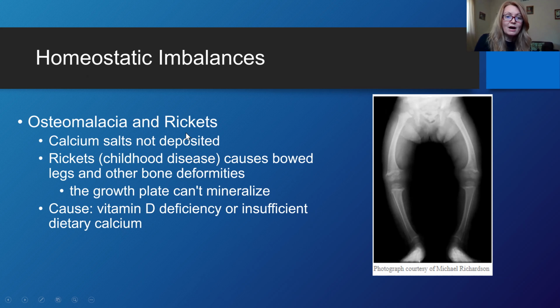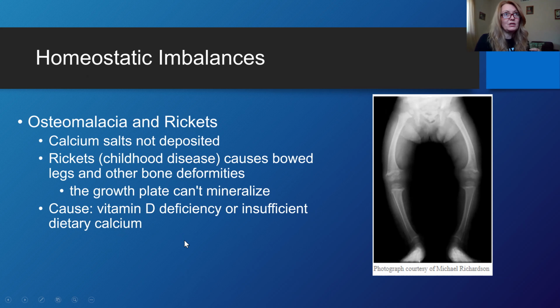Both are caused by lack of calcium salt deposition in a bony matrix. The difference is rickets happens in childhood, osteomalacia in adult age. And the cause can be vitamin D deficiency or insufficient dietary calcium.